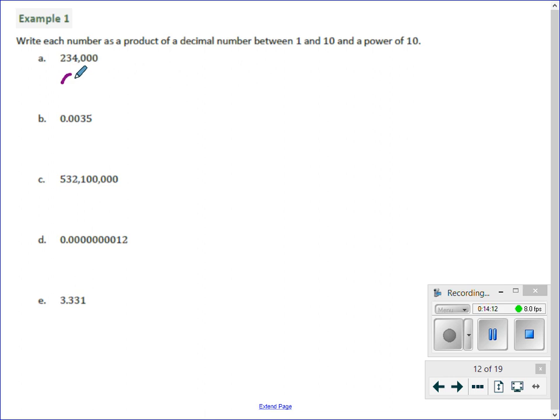So we want the decimal point 2.34. That's a number between 1 and 10 times 10. So we're going to move the decimal place to right here. We moved it left 5. So when we move it left, it's actually a positive 5. That's because 2.34 times 10 to the 5th is a big number, and that matches.